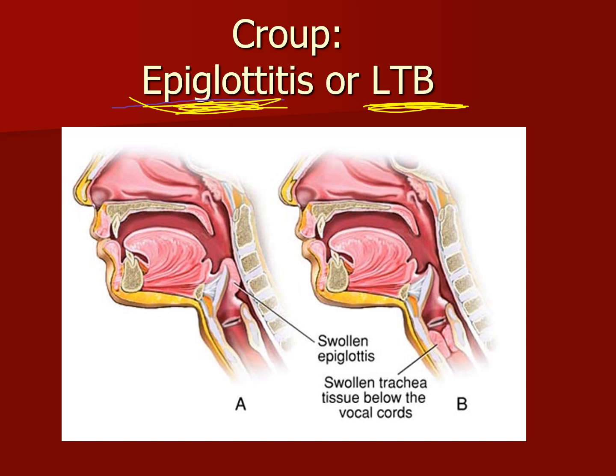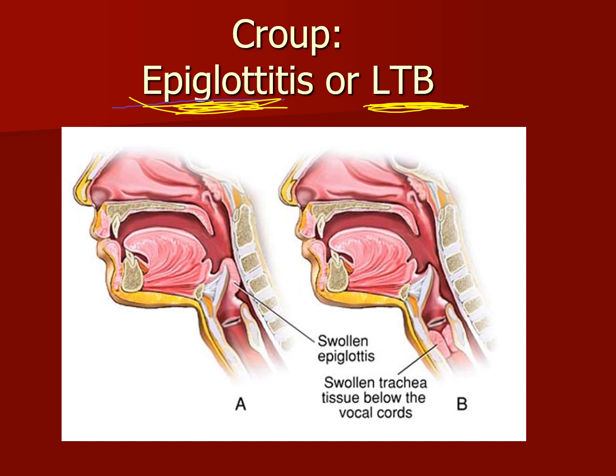So the big thing here with epiglottitis is it's usually caused by a bacterial infection. And you might go over it in microbiology. It's Haemophilus influenzae, and it's actually something most kids are inoculated against. However, some kids may not get that inoculation. It's part of the natural ones that most kids get, and if they don't, they're more prone to epiglottitis.